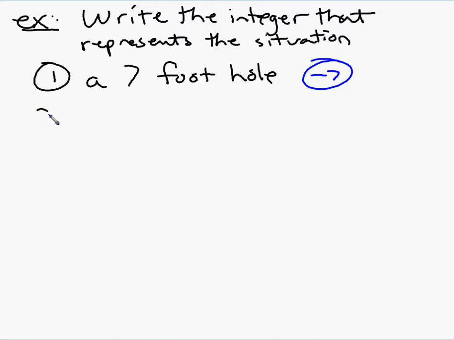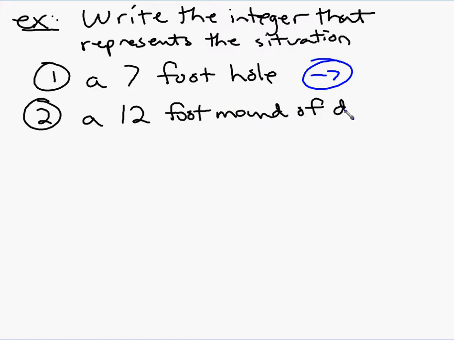What integer would I write for a 12-foot mound of dirt? What integer is that? Just regular old 12. Okay, positive 12. We don't even have to put the positive. If we just write 12, we know that it's a positive number. All right.